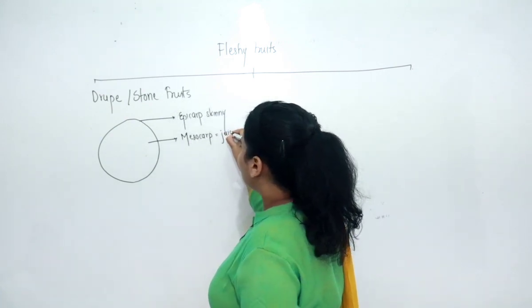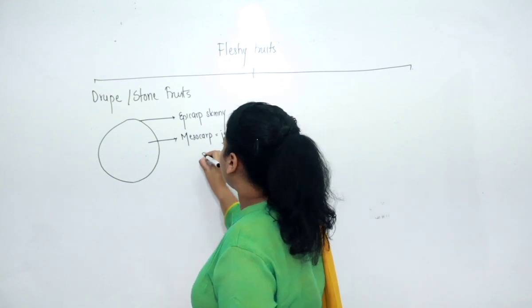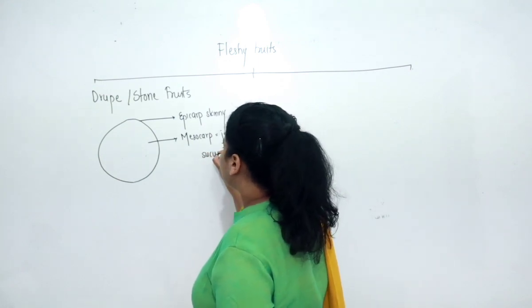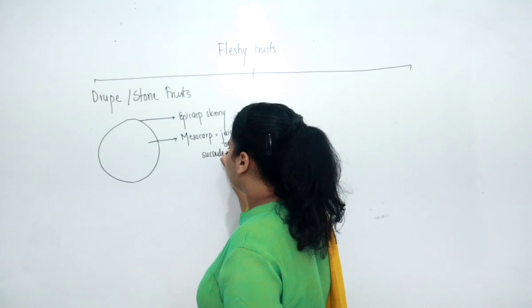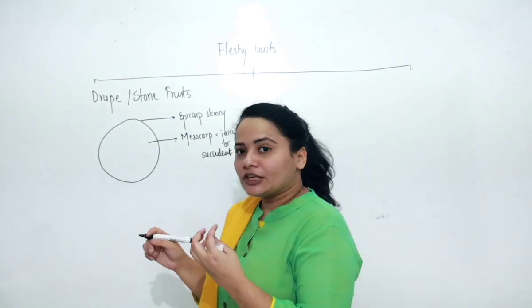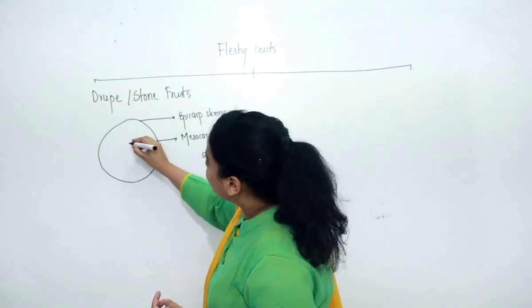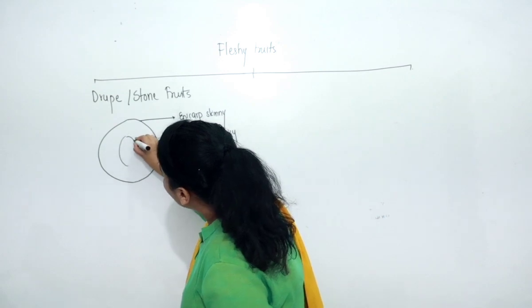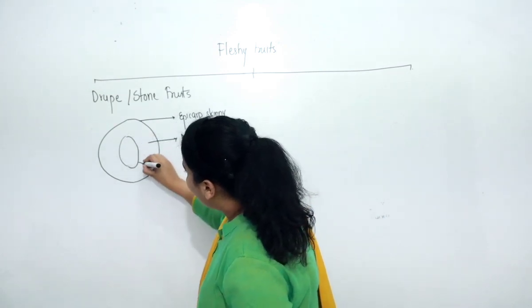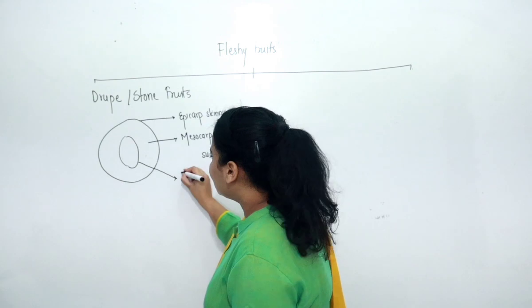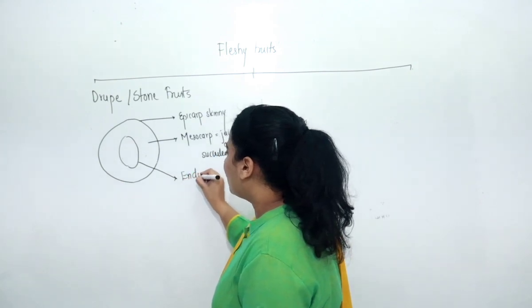Mesocarp can be juicy or succulent. It remains fleshy. And then comes the inner part, that is the endocarp.